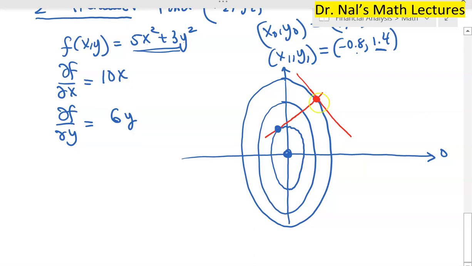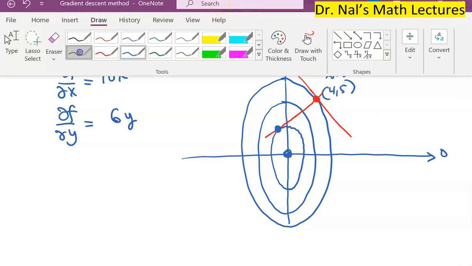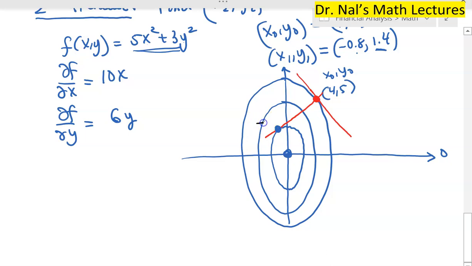But it's clear, right? We start at this point, 4, 5, and this is our x0, y0. After one iteration of our algorithm, we are now at the point minus 0.8, comma 1.4. We are approaching this point, right? At that step, we said we are going to draw yet another perpendicular, a new gradient, and we will get ever closer to our goal.